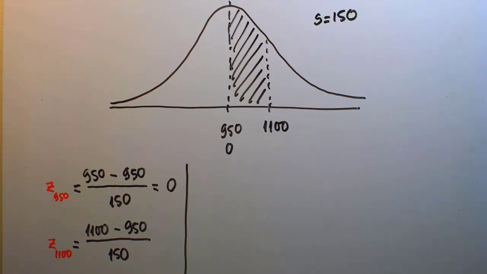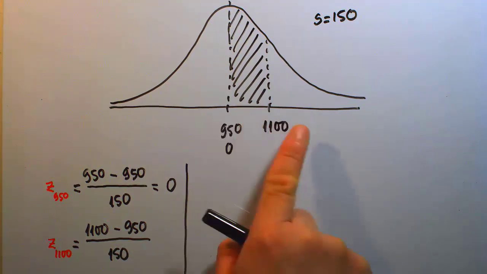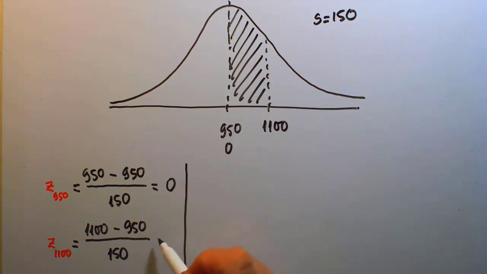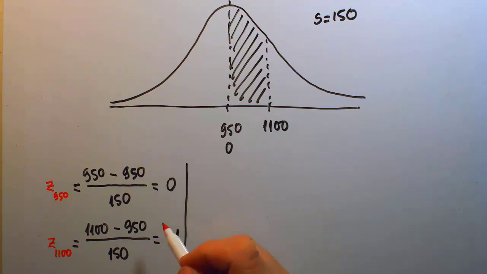The reason I'm doing this is because a lot of time in these intervals we are always going to have two different z-score calculations. And so 1100 minus 950 divided by 150. So we're looking at a z-score of positive 1. And it never hurts to actually indicate the signs here, because the sign for the z-score has a tremendous impact in the problem.